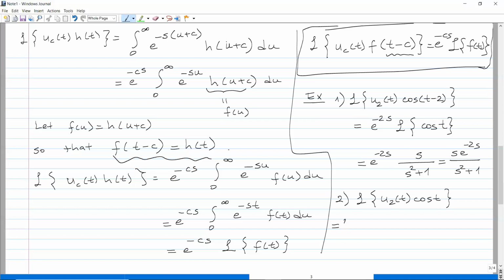So for t, we need t minus 2, so we subtract and add the 2. And then we use the summation formula for cosine. This is cosine of t minus 2 times cosine 2 minus sine of t minus 2 times sine 2.